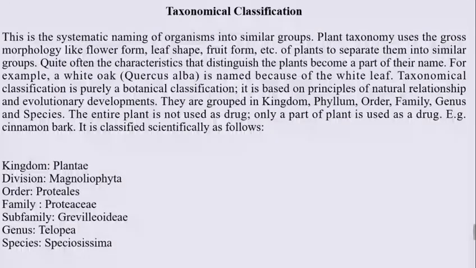First, we'll begin with the taxonomical classification. This is the systematic naming of organisms into similar groups, and plant taxonomy uses gross morphology such as flower form, leaf shape, fruit form, etc. to separate them into similar groups. For example, let us take cinnamon bark, where the groups are kingdom, phylum, order, family, genus and species.